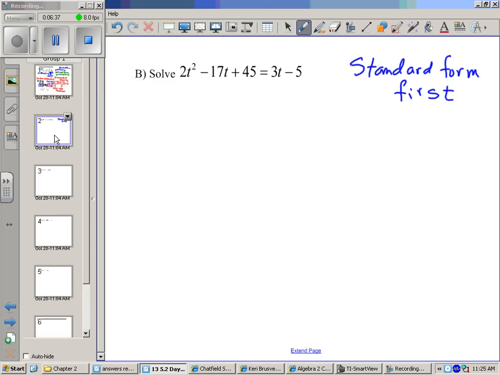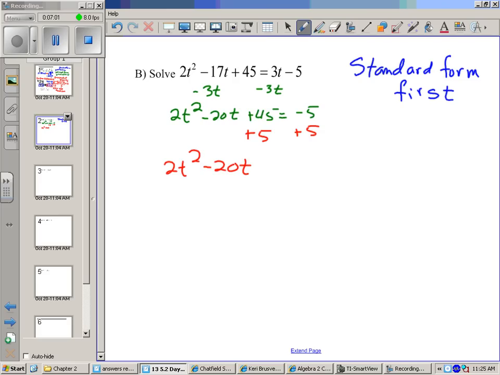I'm going to subtract 3t from both sides. So I get 2t squared minus 20t plus 45 is equal to negative 5. I'm going to go ahead and add the 5. So I get 2t squared minus 20t plus 50 is equal to 0.